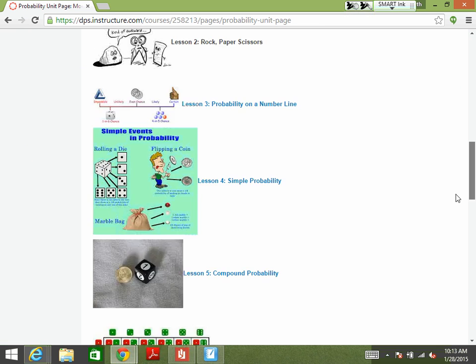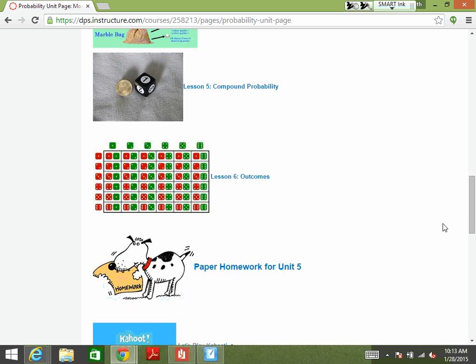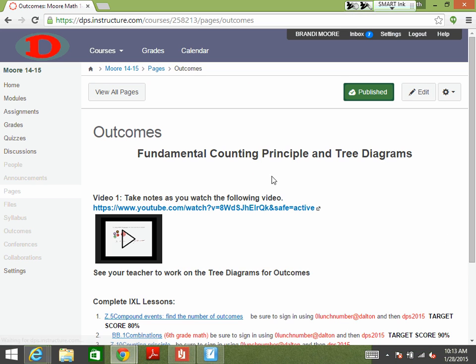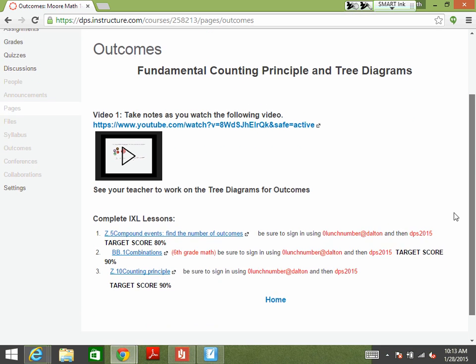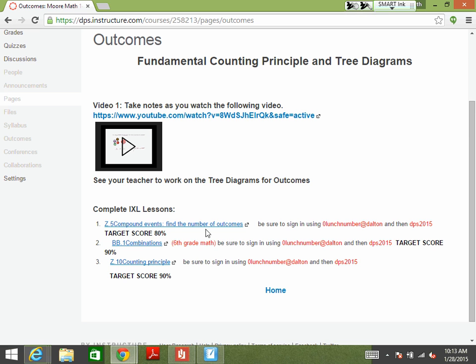On lesson 6, you're starting here on finding the number of outcomes like we just did. You stop at a score of 80. Don't go above 80 because if you go above 80, it gets too complicated. You have these 3 things to do that all deal with fundamental counting principle, and they go very, very quickly. They don't take long at all. Use a calculator. Go.